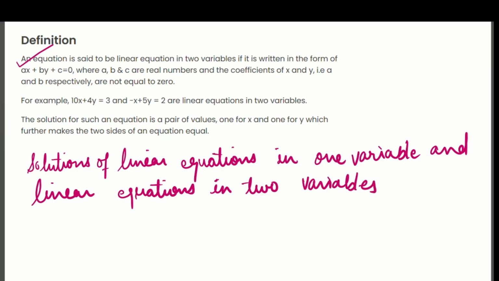The solution of a linear equation in one variable I have already discussed. Like you will get any linear equation like 2x plus 3 is equal to 15, and you just have to find the value of x. That would be the solution.